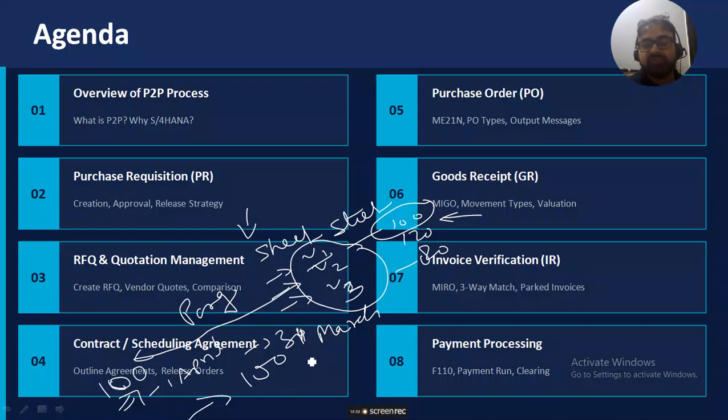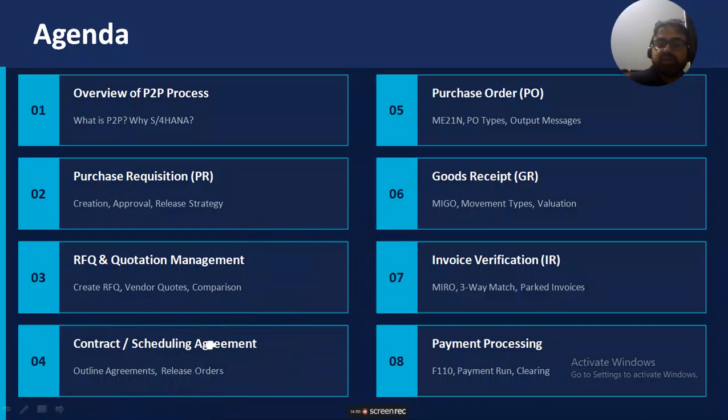It doesn't matter if the price goes down or goes up, I will purchase the material only at 100 rupees. Right? So this is the contract between the purchase organization and the vendor.